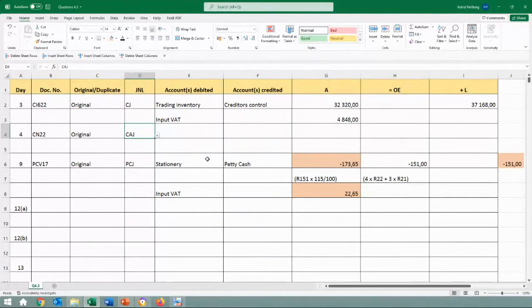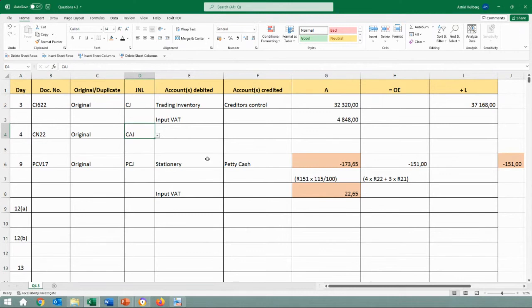Okay, let me repeat this. If I return something to my supplier, am I going to increase or decrease what I owe them? Decrease. Okay, so we're actually going to decrease what we owe the supplier if we send something back.